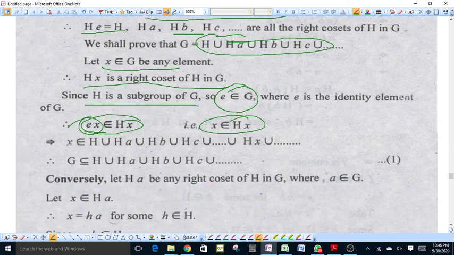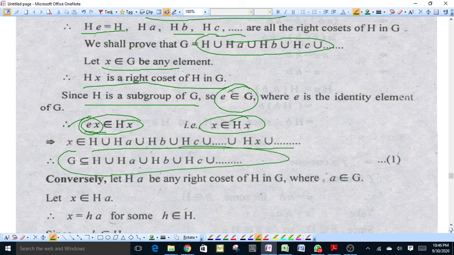Because x belongs to Hx, this means x belongs to the union of all these right cosets. This means, because x is an element of G, G is a subset of this union.